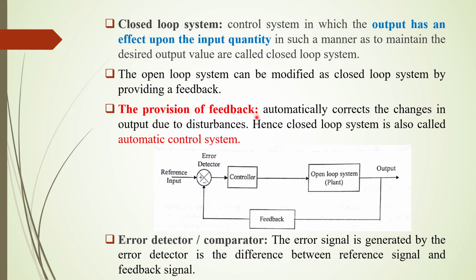The provision of feedback automatically corrects the changes in output due to disturbances. Hence, a closed loop system is also called an automatic control system. So this is the diagram for an automatic control system. This is the reference input, error detector, controller, open loop system also called plant, and output. The output is fed back to the input.